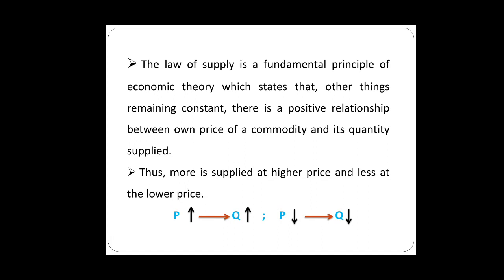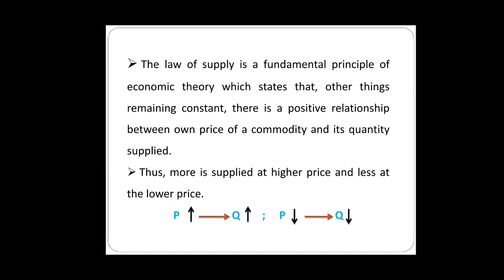This positive relationship between price and quantity supplied will hold good, keeping other factors or other things constant. Students, what are those other things or other factors which we have to keep constant so that the law may hold good?